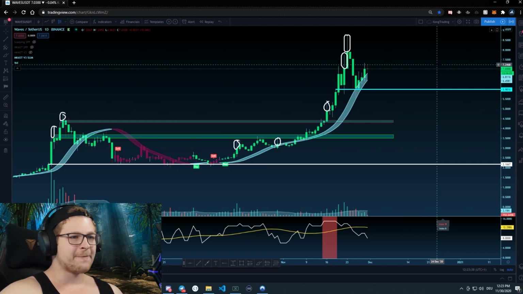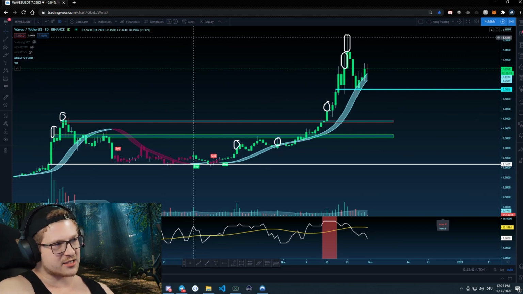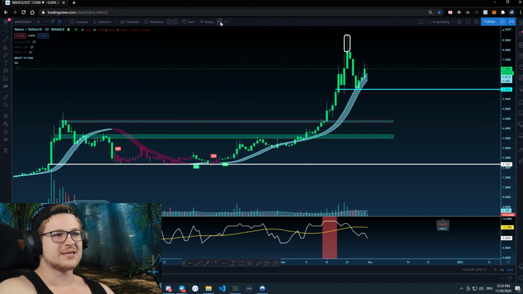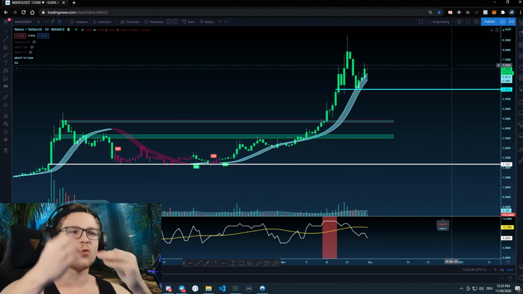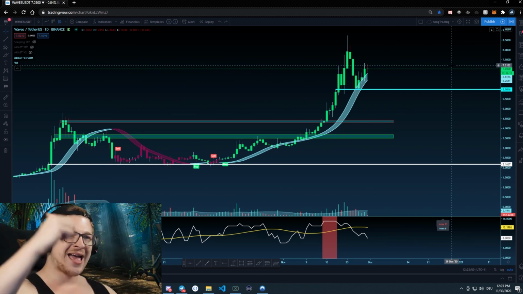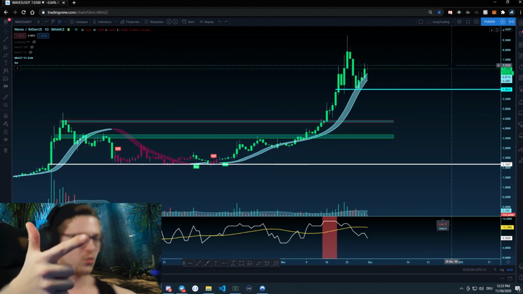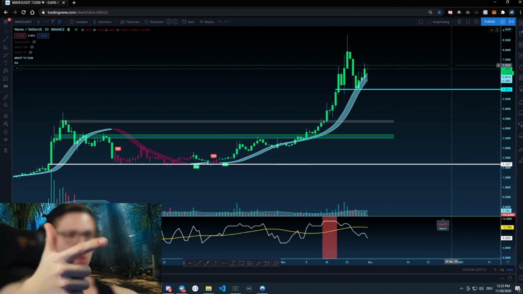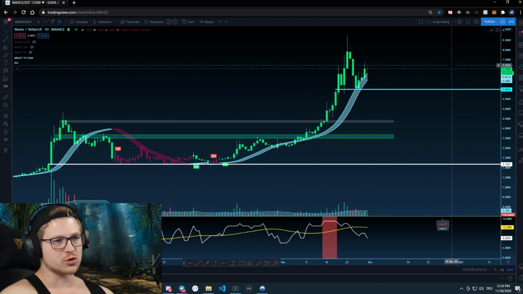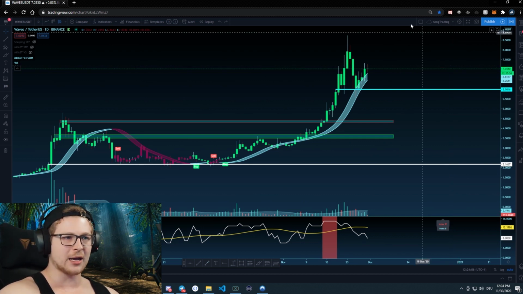All right. The very next and very important thing for taking profits is any signs of reversal. So rule number two, any signs of reversal. Any signs of reversal are bearish candles. Now, what do bearish candles look like?